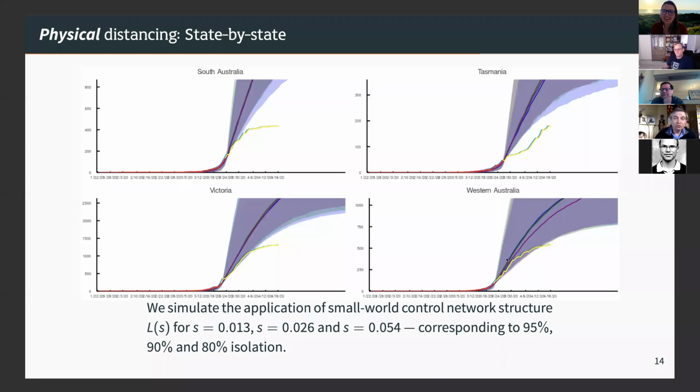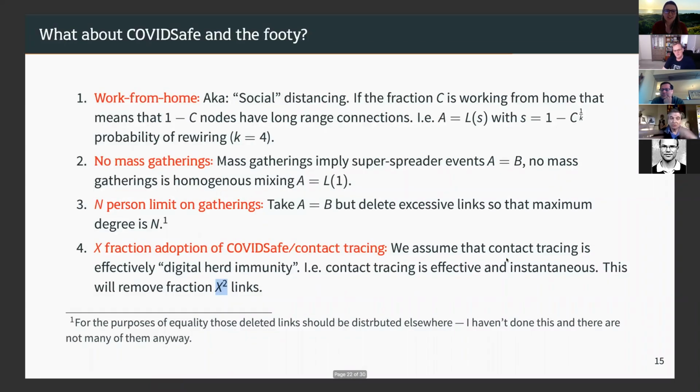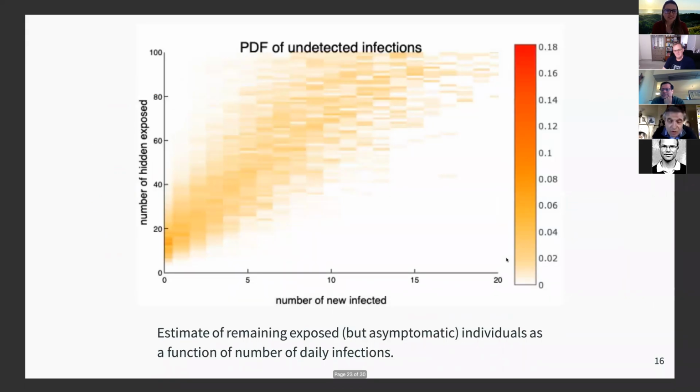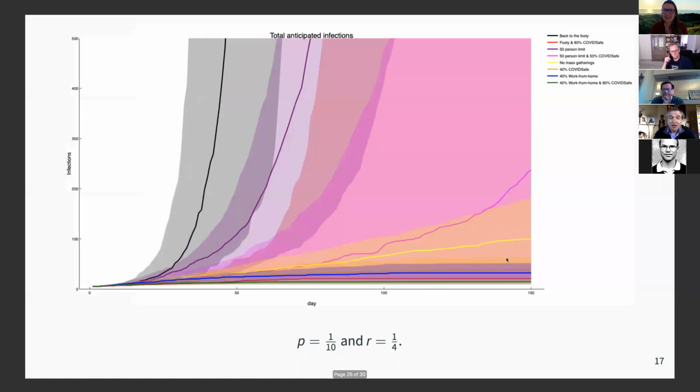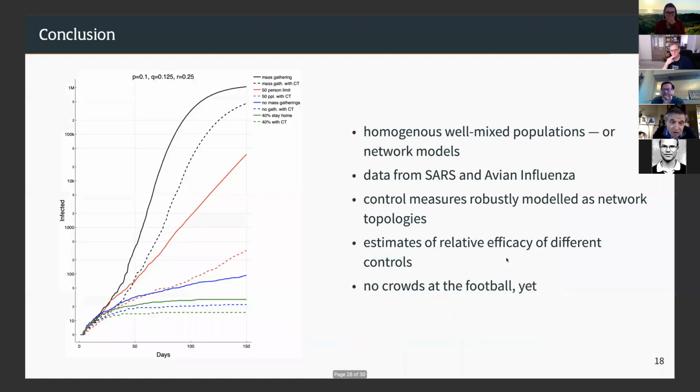Yes, I was just wondering, Michael, at the end of your talk, you put up this graph showing what happens under a range of strategies. And these things only go for 150 days. Have you done modelling further out?